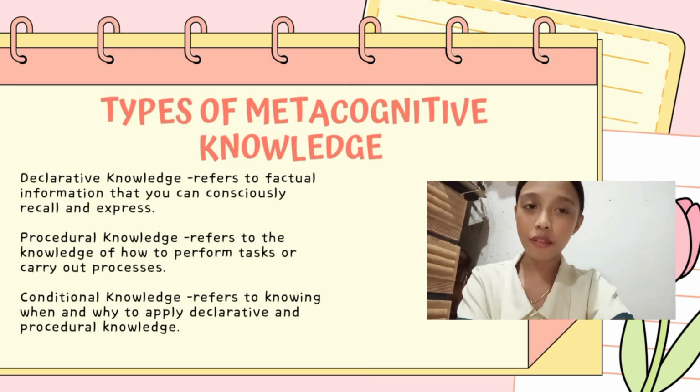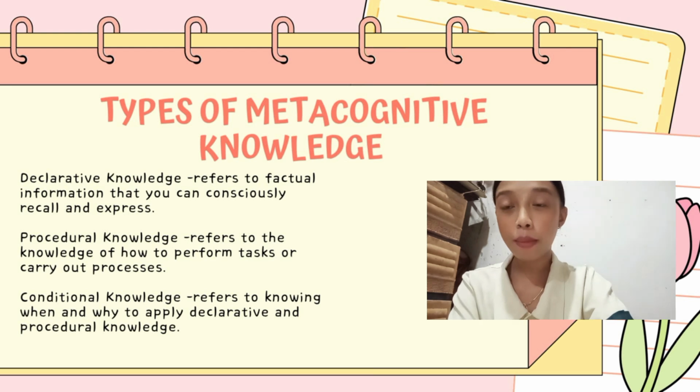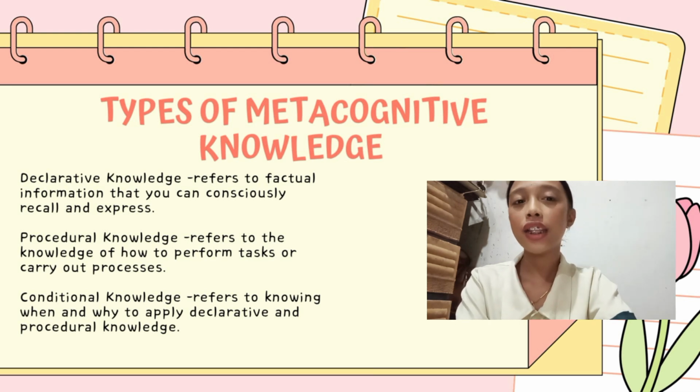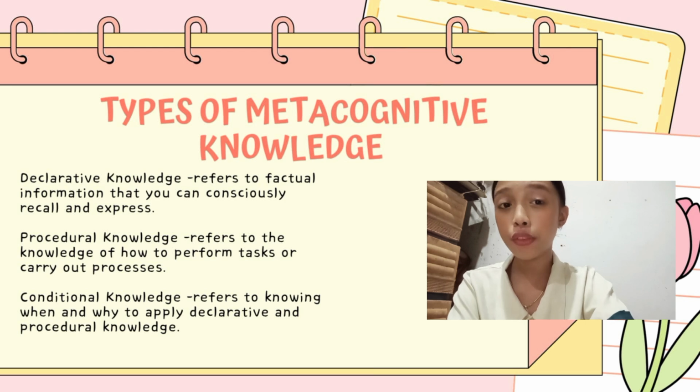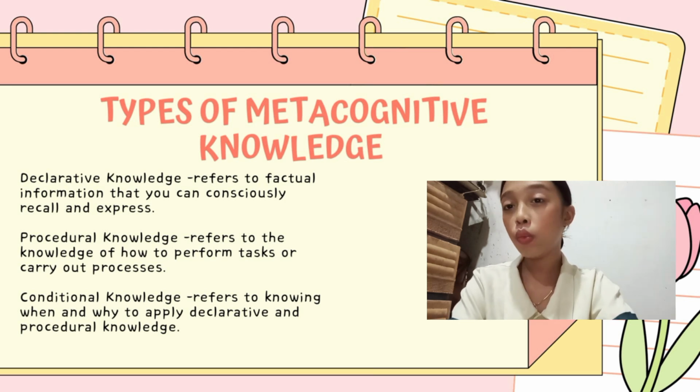And there are types of metacognitive knowledge: the declarative knowledge, procedural knowledge, and conditional knowledge. First, let's talk about declarative knowledge. This refers to the factual information that you can consciously recall and express. It means it's knowing what you know.